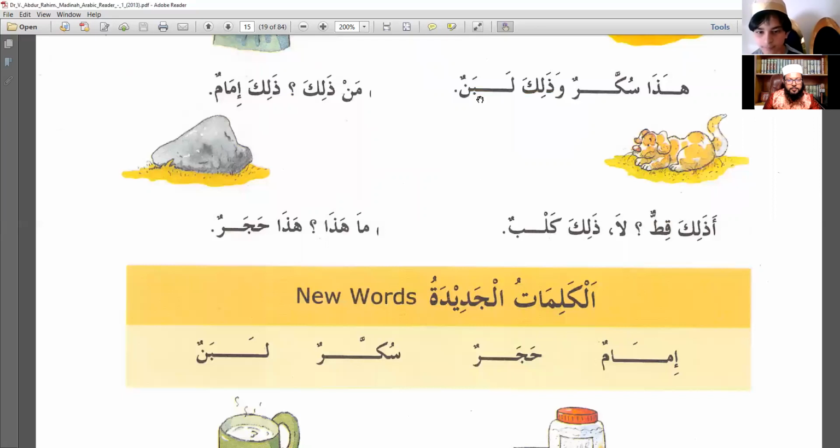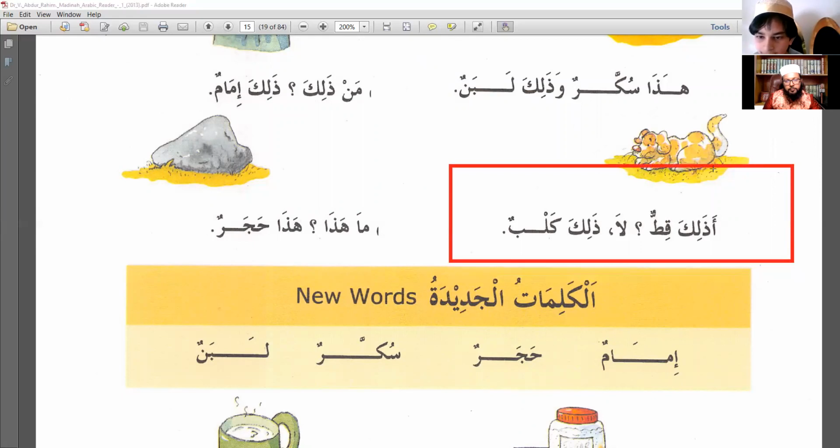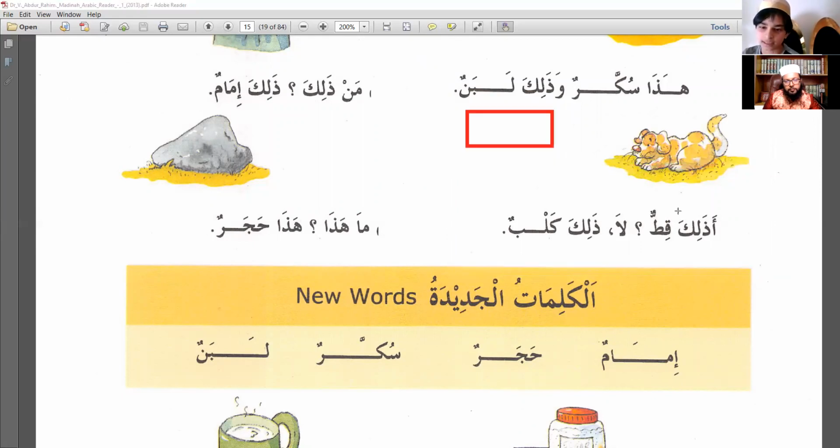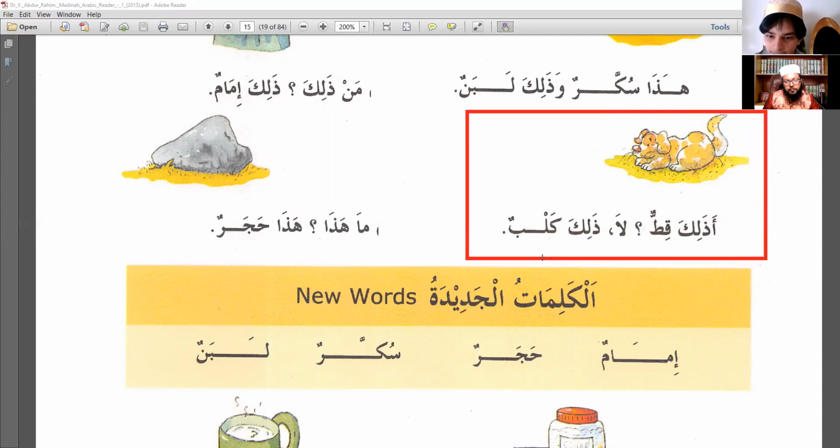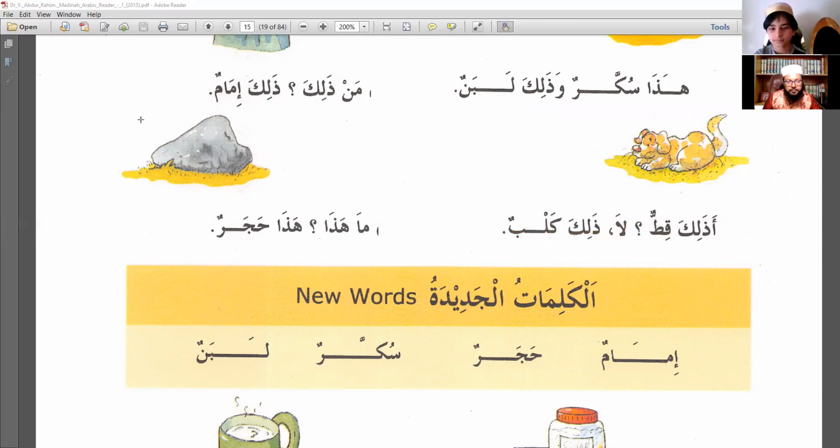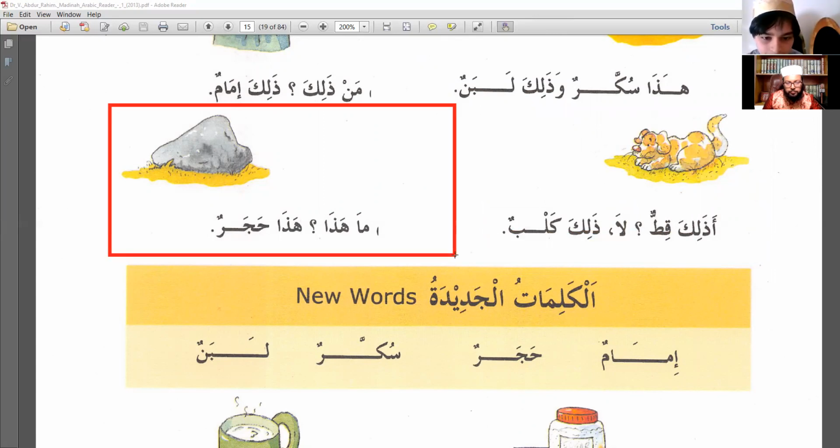So now the next. أذلك قط؟ Is this a cat? لا ذلك كلب. No, this is a dog. Very good. ما هذا؟ What is this? هذا حجر. This is a stone. Very nice.